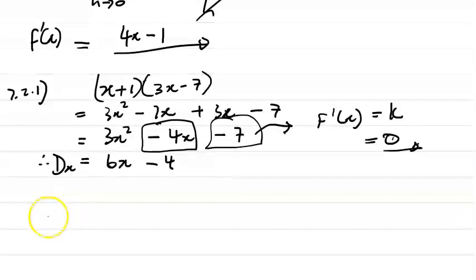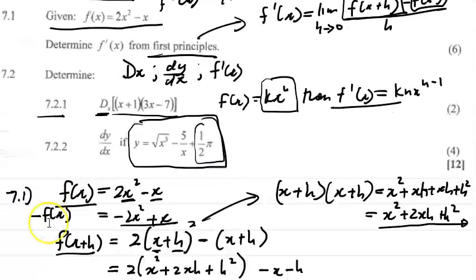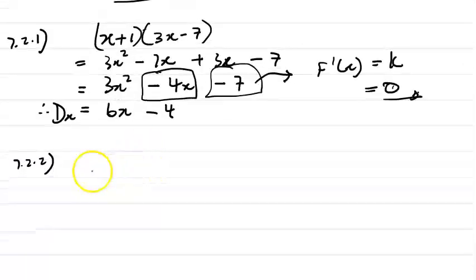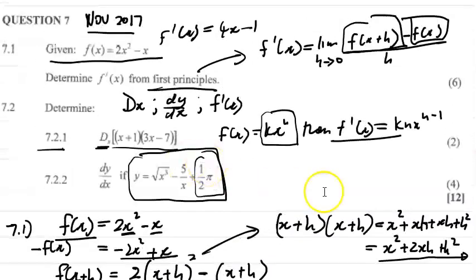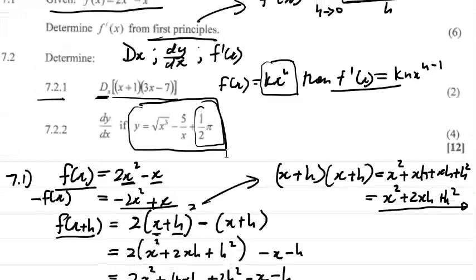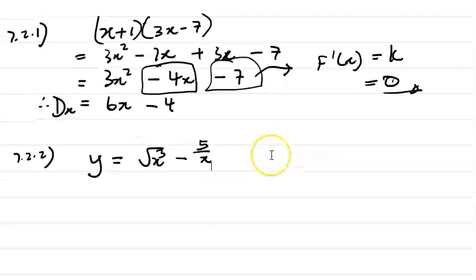So 7.2.2. Let's have a look at that again. Okay, so y equals the square root of x cubed minus 5 over x plus half pi.